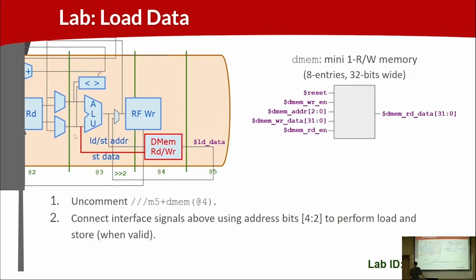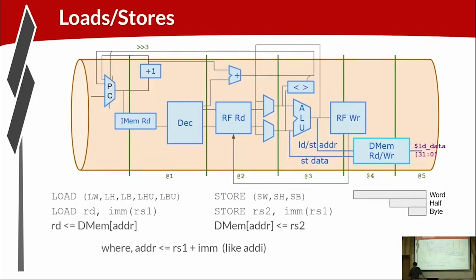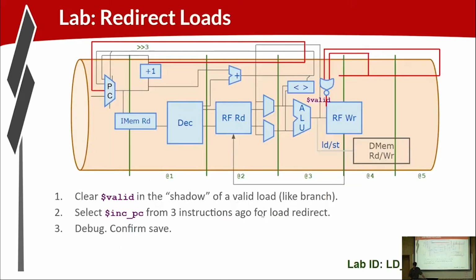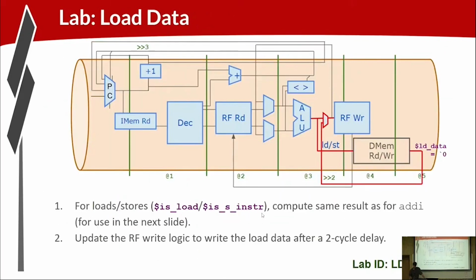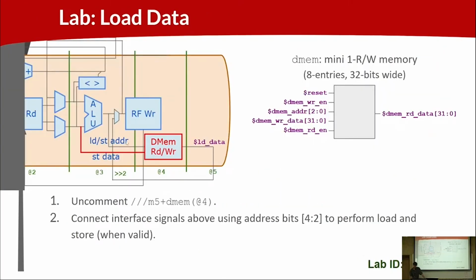Okay, just looking at the definition of the store instruction. I don't know if I had that in the slide. So the store instruction has a source operand rs2 that provides the data that you're going to write. So the store data is coming from here.